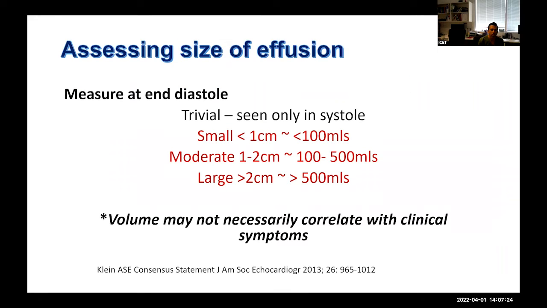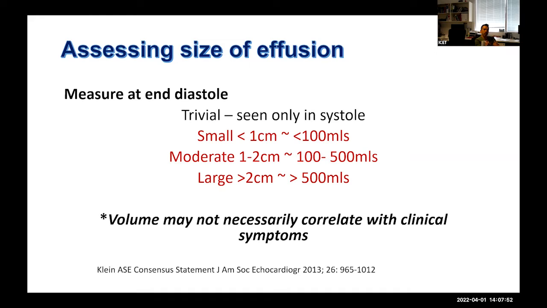When we look at the size of an effusion, you basically take a perpendicular measure through the pericardial effusion at the end of diastole when it is supposedly at its smallest. If that measurement is less than 1 centimetre, then it suggests that the volume is less than 100 mil.